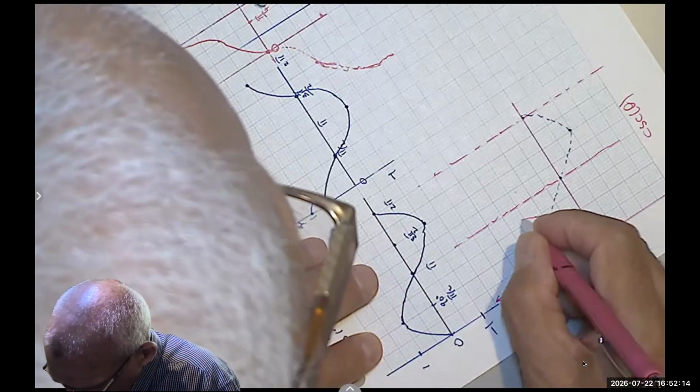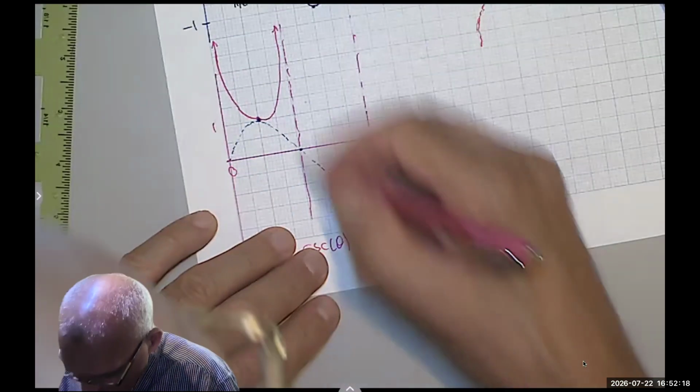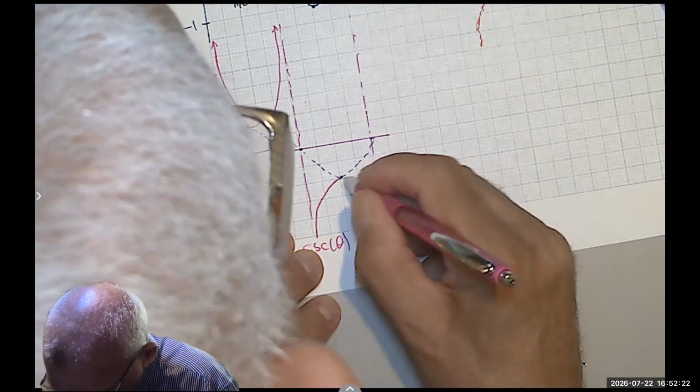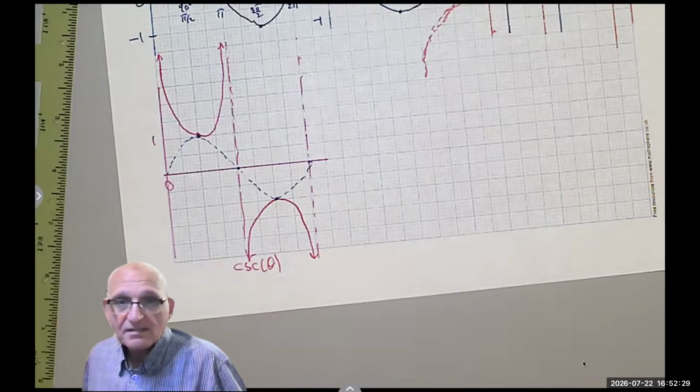So you get this U shape here. And then it goes down to negative infinity, touches that here, and then goes back asymptotic with negative infinity. And then it starts to repeat again.